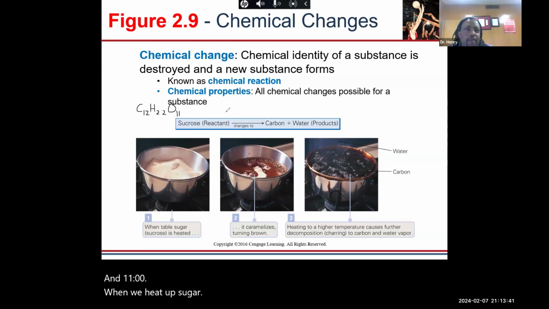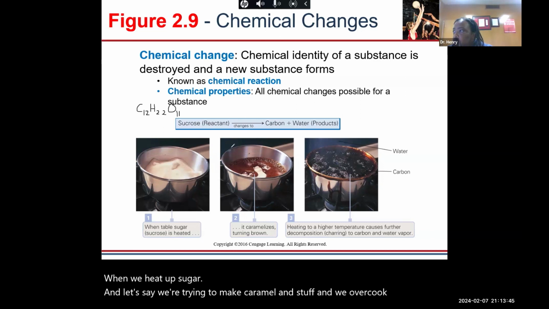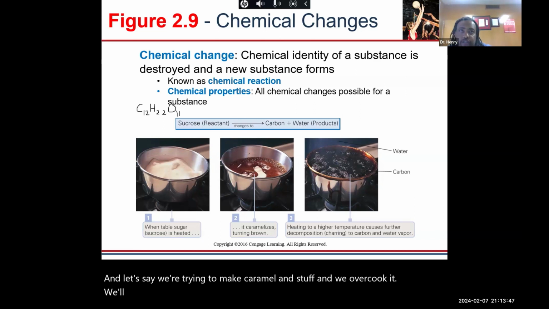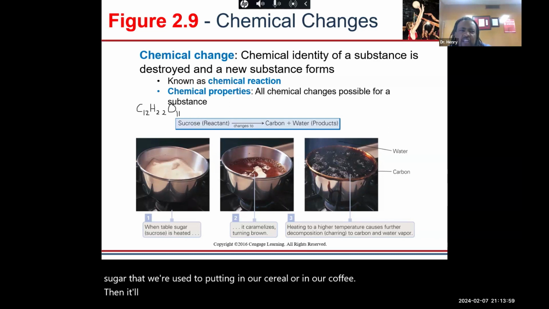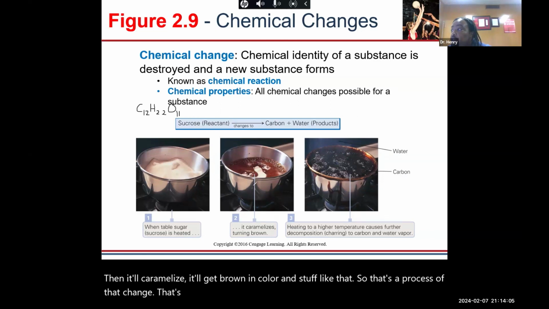Now, when we heat up sugar, and let's say we're trying to make caramel and we overcook it, we'll notice that there's a change that occurs. We go from the white sucrose sugar that we're used to putting in our cereal or in our coffee, then it'll caramelize. It'll get brown in color. So that's a process of that change that's happening. Now, if we let it cook too long and cook it too high, it'll all turn black.